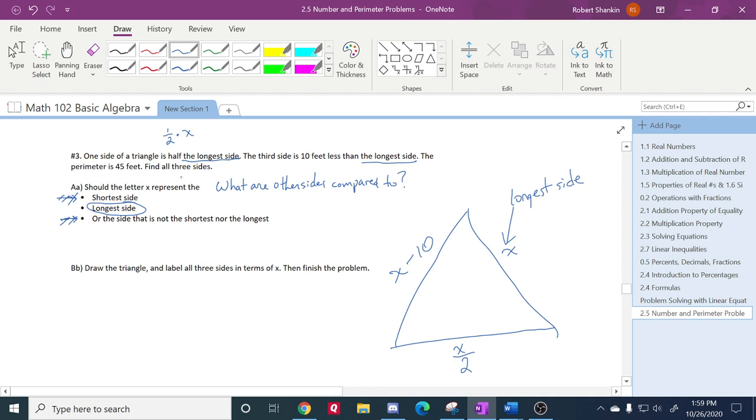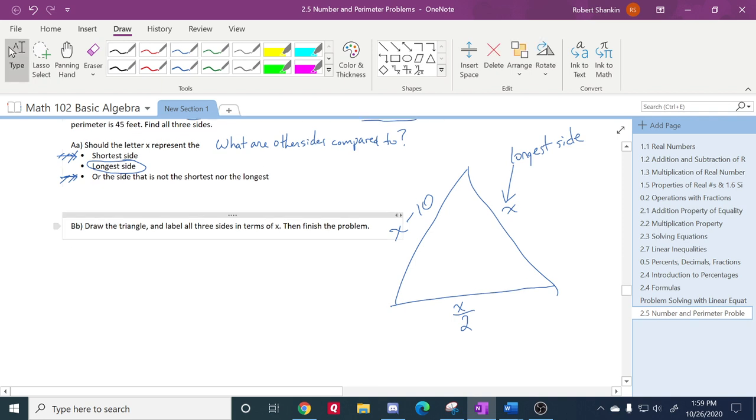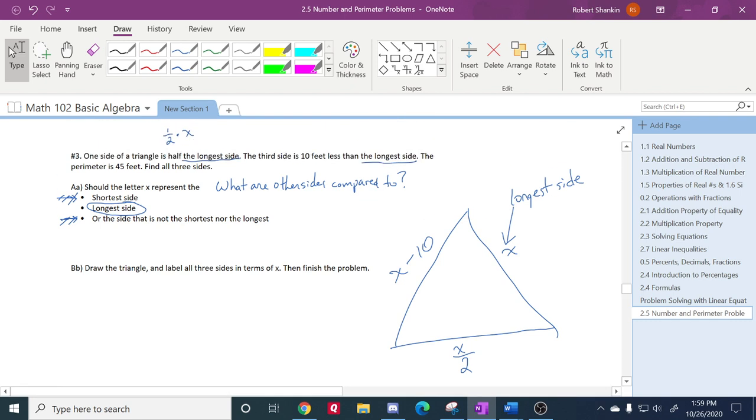Now, the perimeter is 45 feet. So, group 5, what kind of equation do I make? Any ideas? Do you just put it all together and then have it equal to 45?